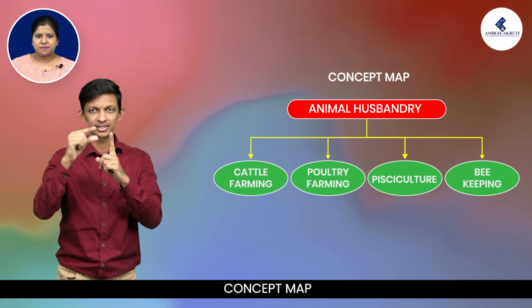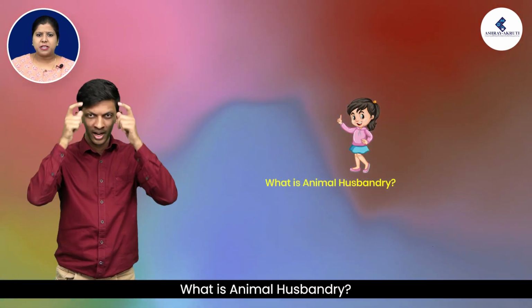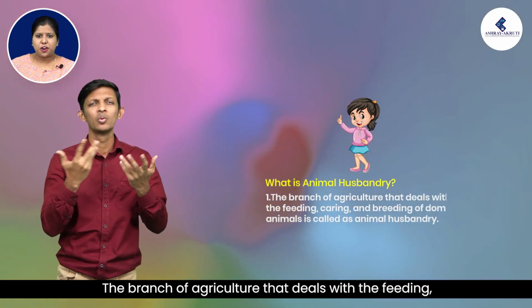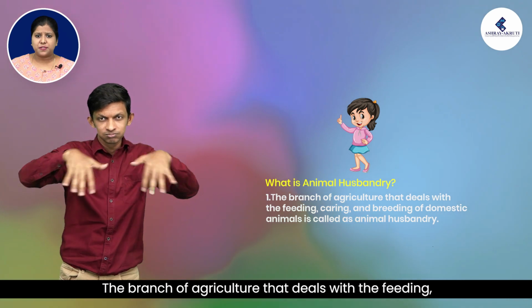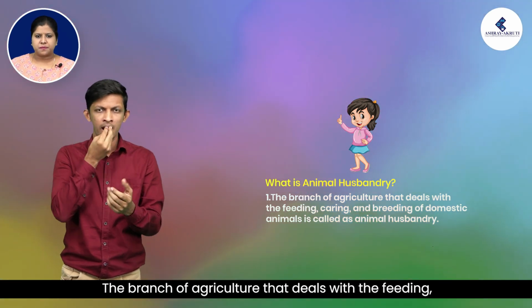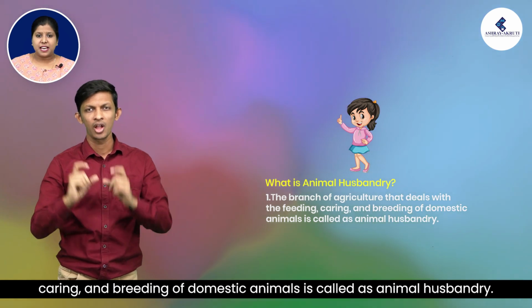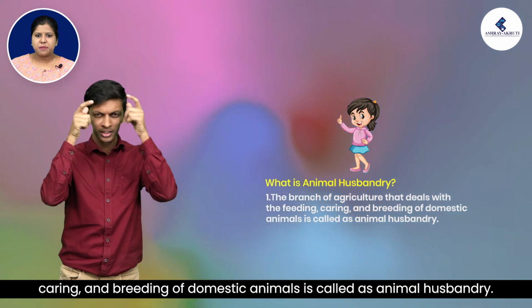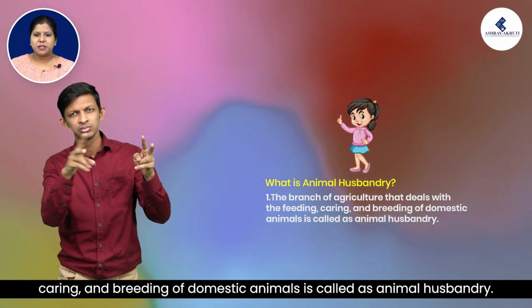Concept map. What is animal husbandry? The branch of agriculture that deals with the feeding, caring, and breeding of domestic animals is called animal husbandry.